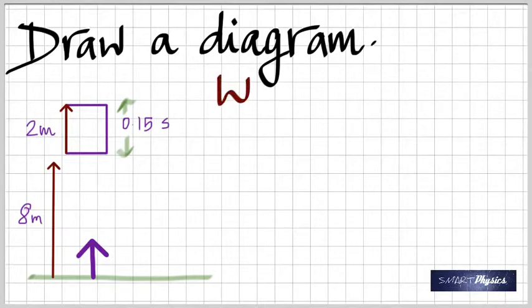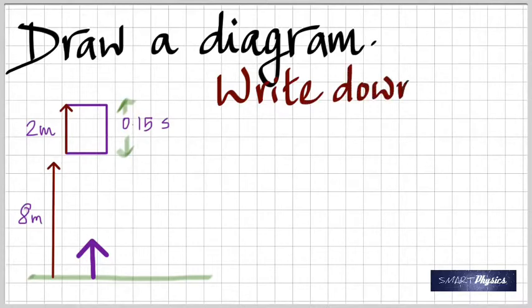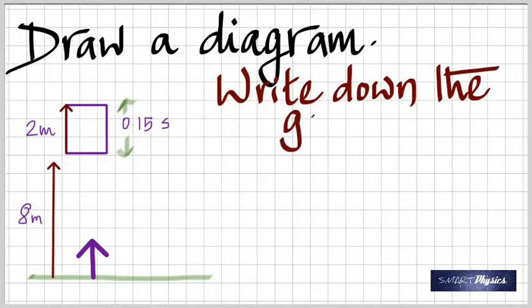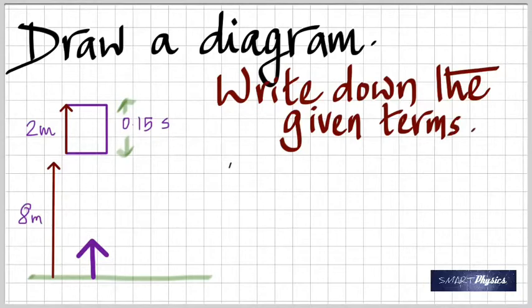And then the next step is to write down the given terms. Because, in formulas, there will be so many terms, and you got to know what each term stands for. In this case, we know that since the object is moving up, it's slowing down, so its acceleration is negative 9.8 meters per second squared.